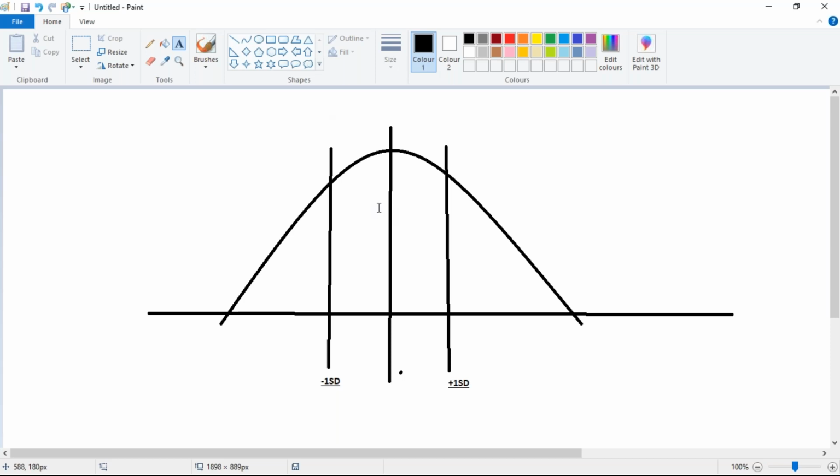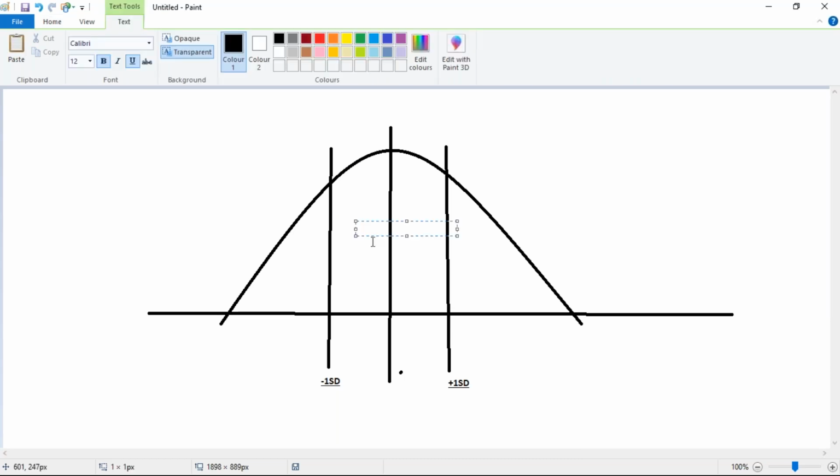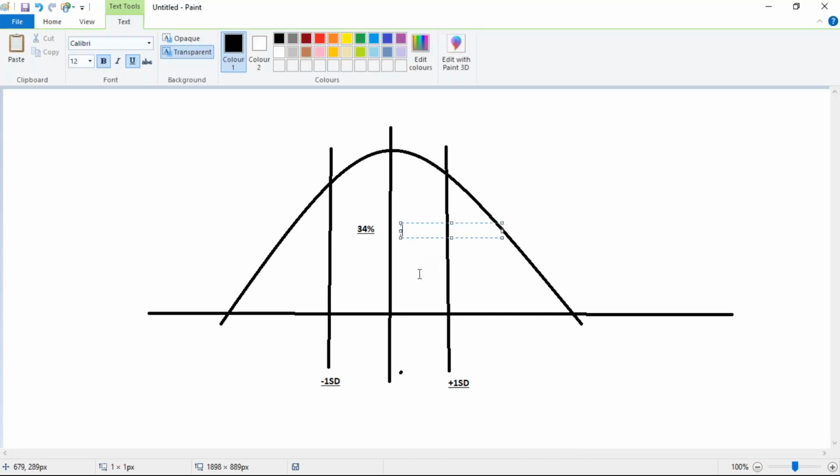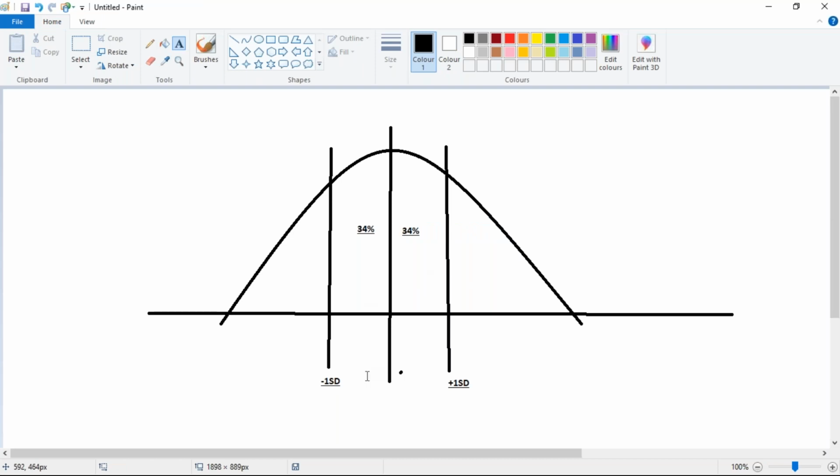When you punch it in and work out your confidence intervals, it comes to roughly, not exactly, 34% of the time somewhere between your average and your -1, and 34% of the time between average and your +1. So 68% of the time we're going to be within 1 standard deviation.